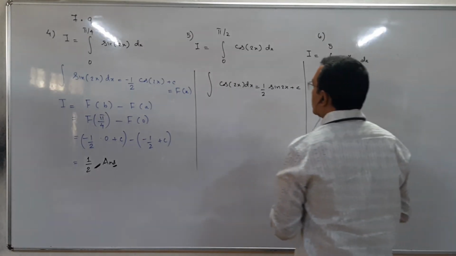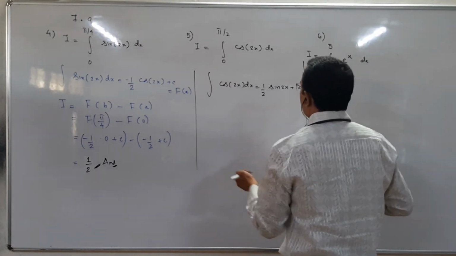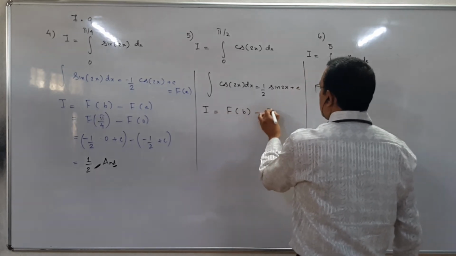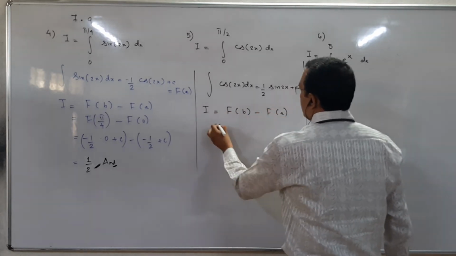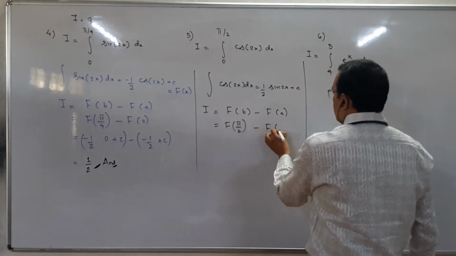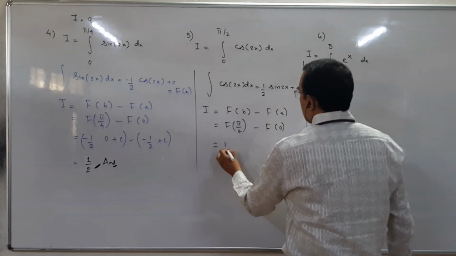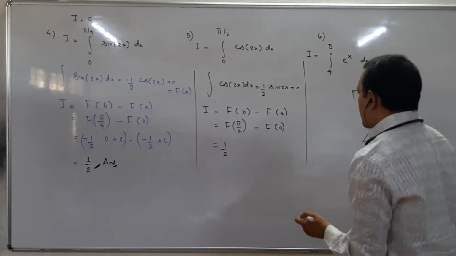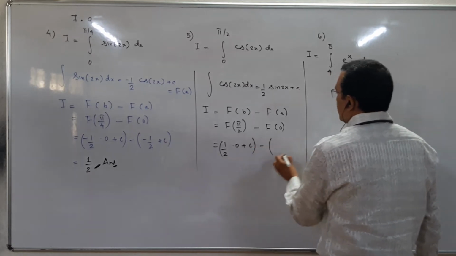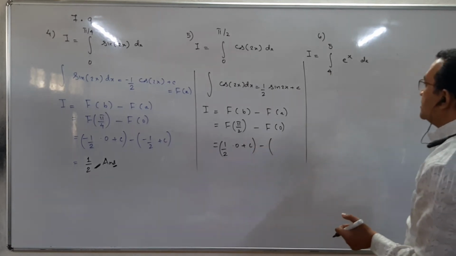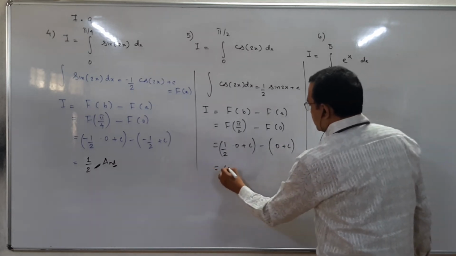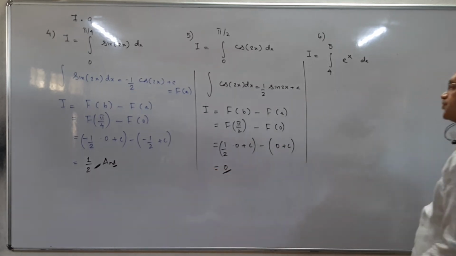So, according to the second fundamental theorem of integral calculus, I becomes f of b minus f of a. So f of pi by 2 minus f of 0. So half sine pi will be 0 minus f of 0. Sin 0 is also 0. So the final answer is, students, 0.